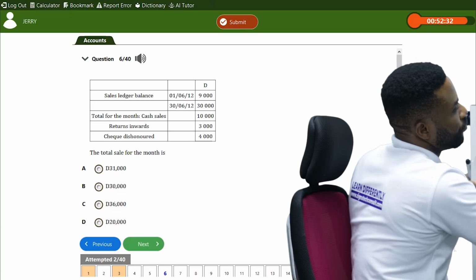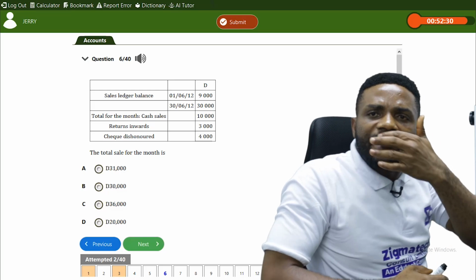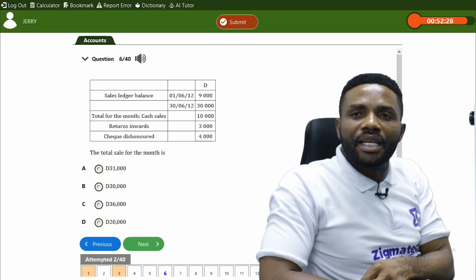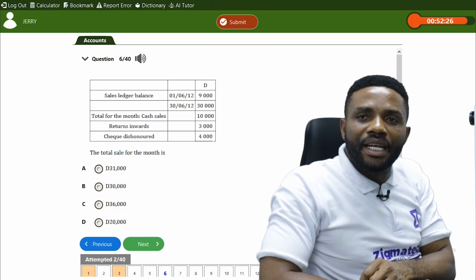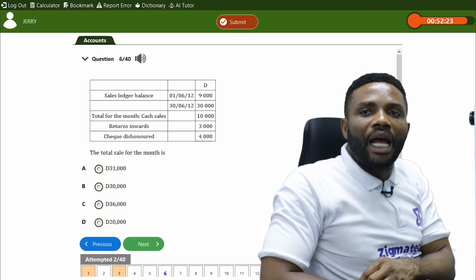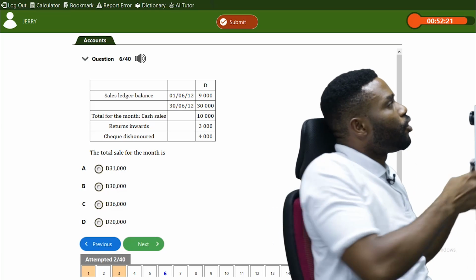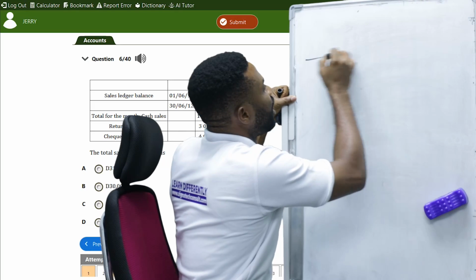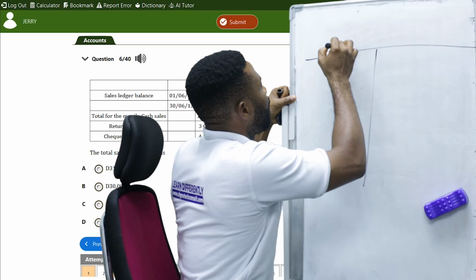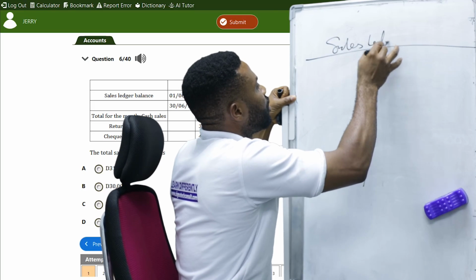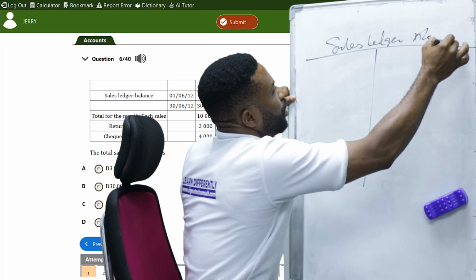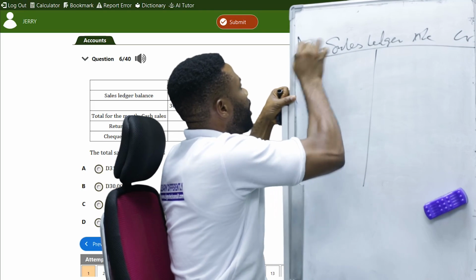All right. It said sales ledger balance. The sales ledger balance from the beginning is this, and then at the end is this. So you quickly bring your sales ledger account. This is your credit side and this is your debit side.